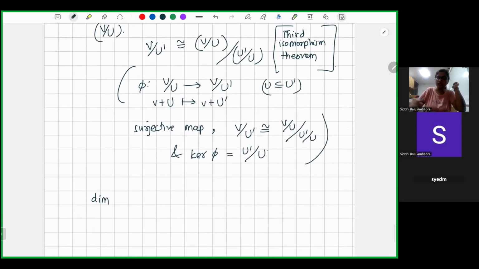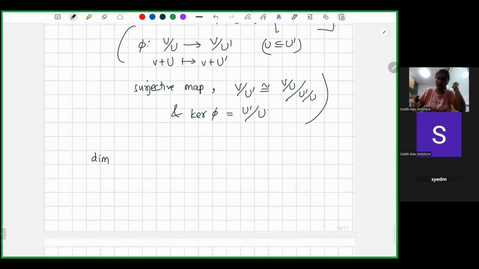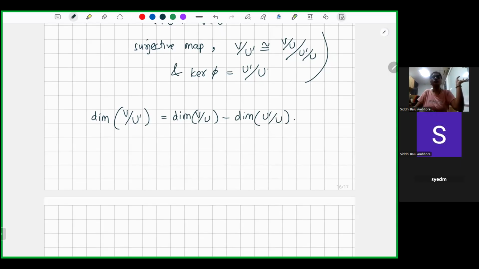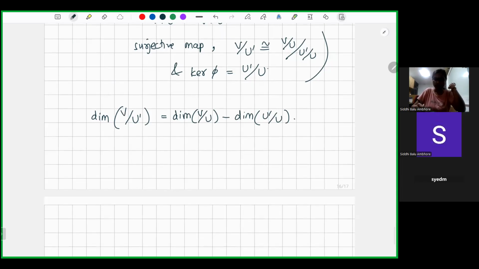Also using the rank nullity theorem, we get that the dimension of V quotient U dash will be the dimension of V quotient U minus the dimension of U dash quotient U. I hope everything is clear. What is V and what is U? This we have.